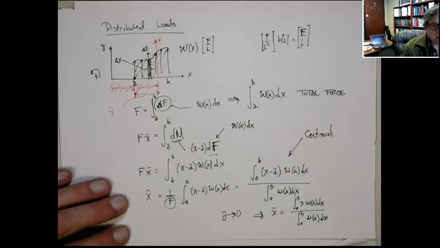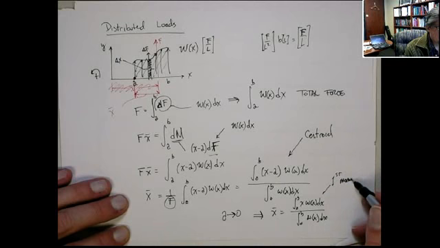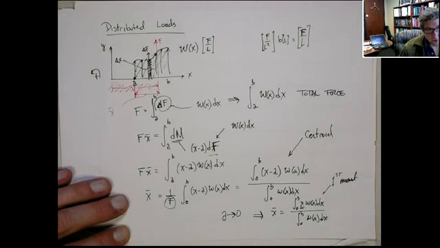We will use this later on when we talk about geometric quantities like J, I, Q. If you look at this, sometimes this is called the first moment, because it's the function w weighted by x to the first power.